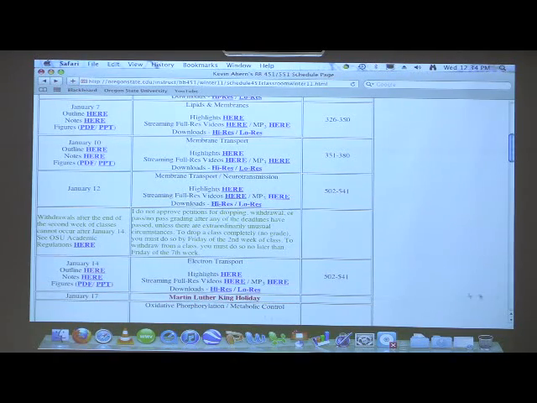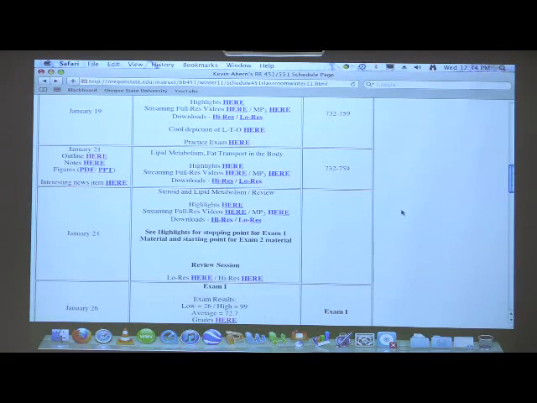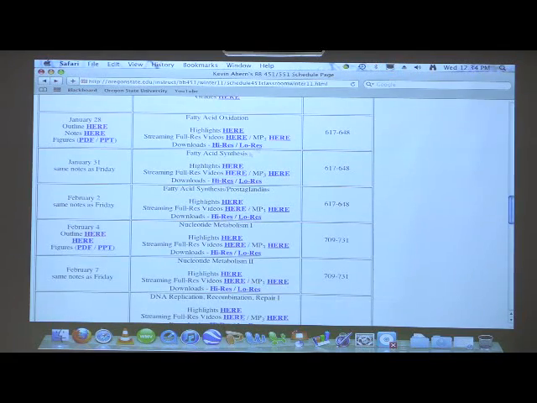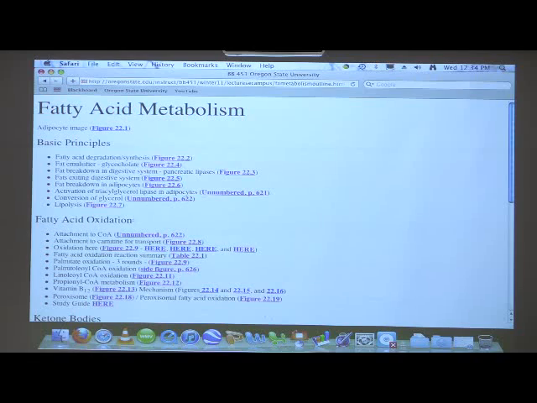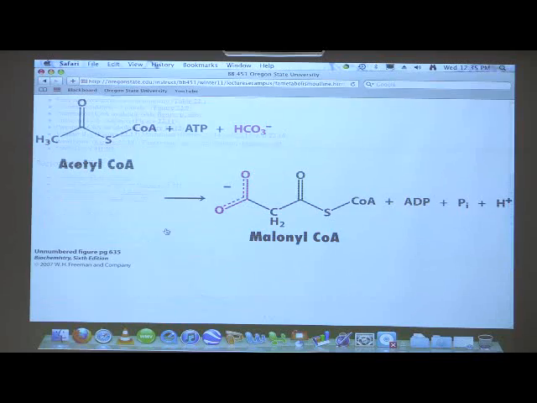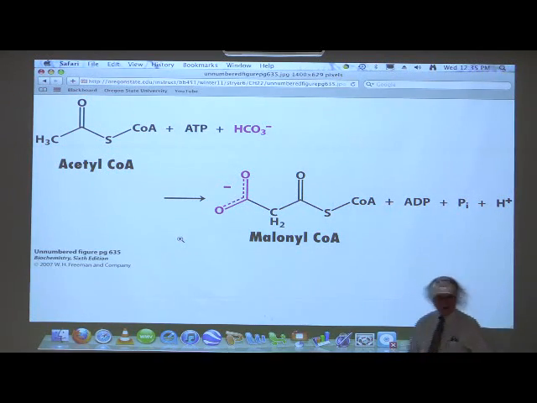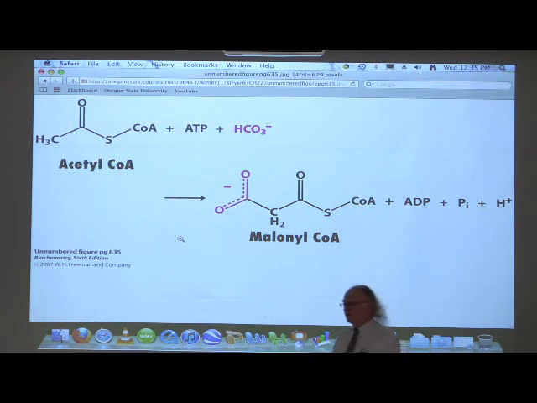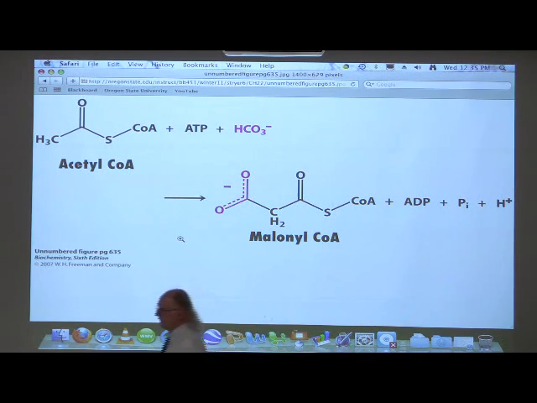But to go back to that outline, fatty acid oxidation, fatty acid synthesis, down here. We remember first of all that when we have acetyl-CoA, it's from acetyl-CoA that we make malonyl-CoA.